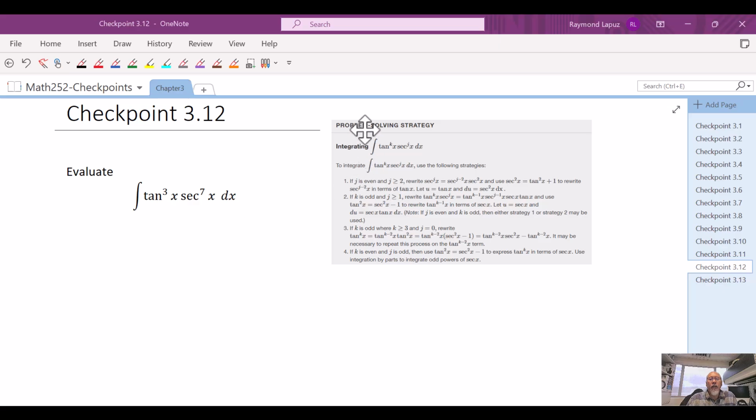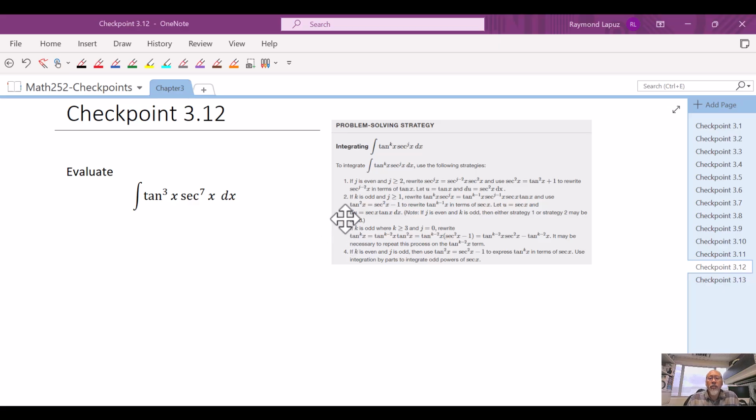And so if we have this problem-solving strategy next to us and look through it, the first option is asking if j, that's the power of the secant, is even, then we have a way to go. It's not, so let's take the next one. If k is odd, the power of the tangent is an odd number, then we have a plan.